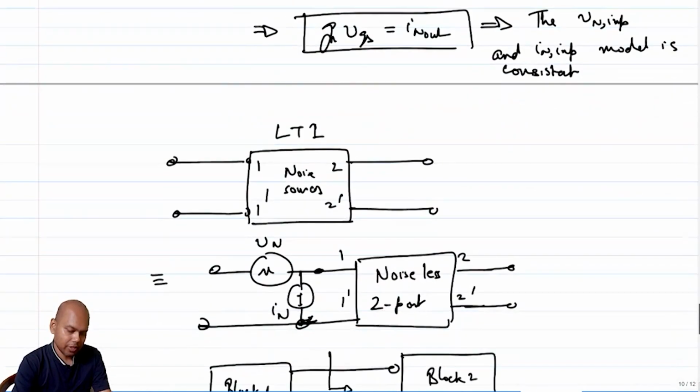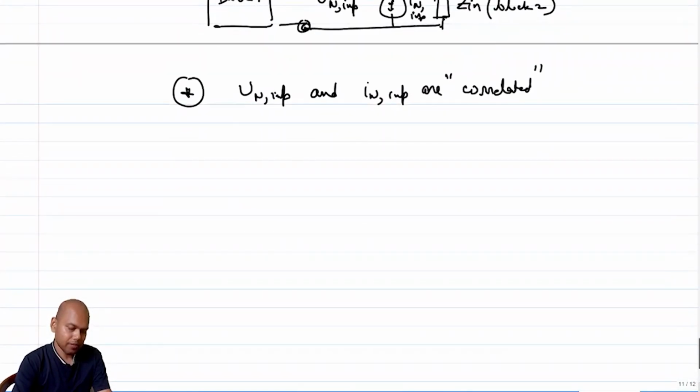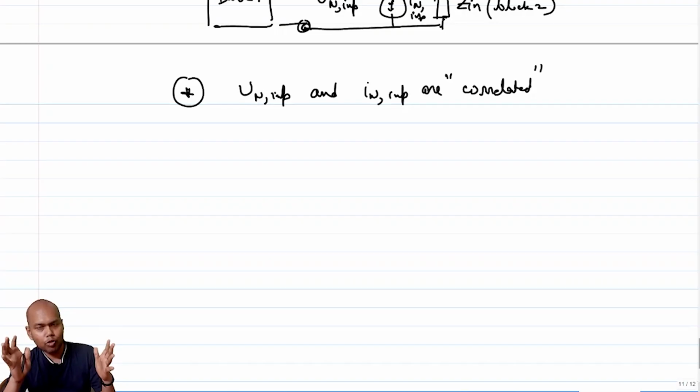Whenever you have correlated sources, you have to deal with them with proper signs in the voltage domain, arrive at the final output, and then square it to get the final noise. But at this stage you need not.